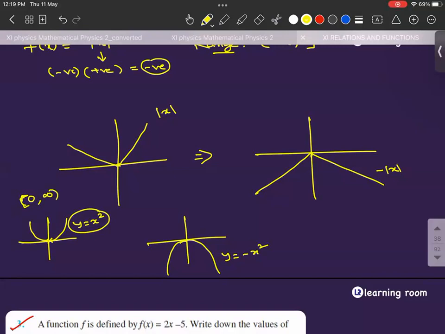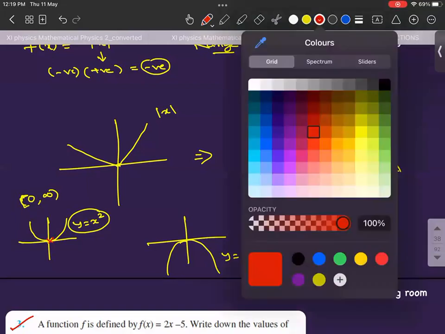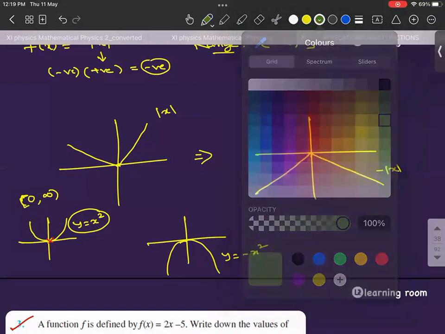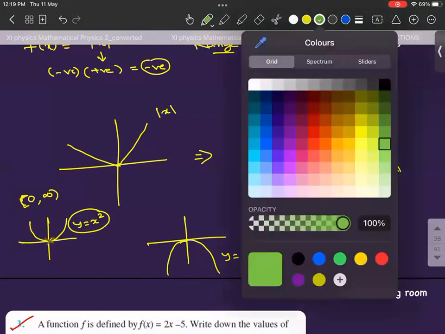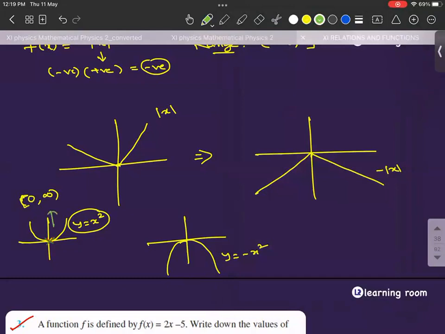Because the least value I'm able to see on the graph sheet is 0, and the graph is going to plus infinity. Whereas for minus x square, the highest value I'm able to see is 0 and the value is going to minus infinity.